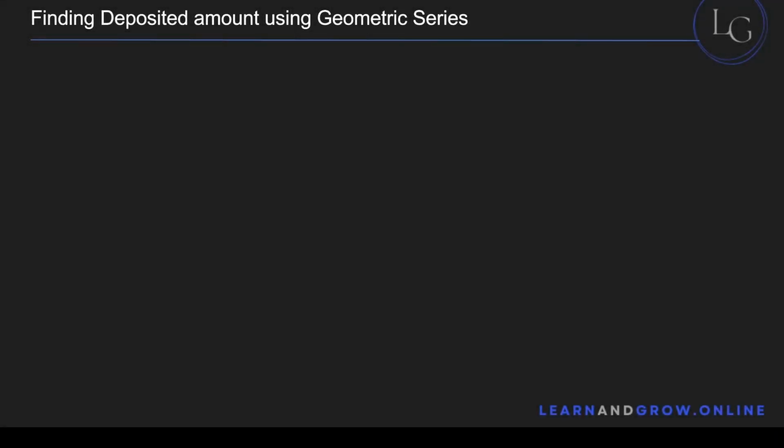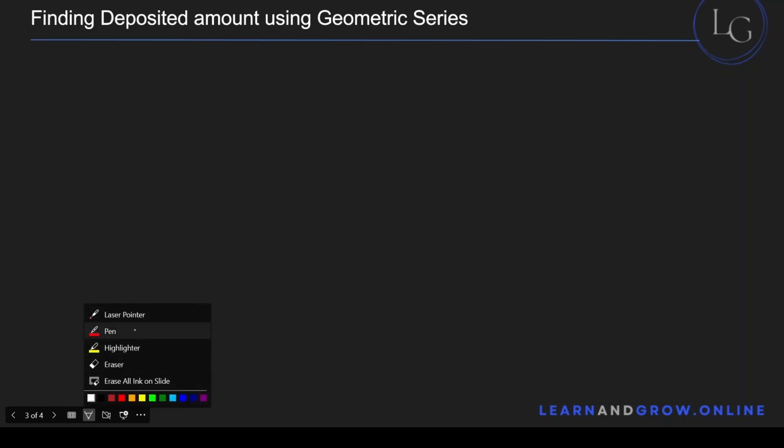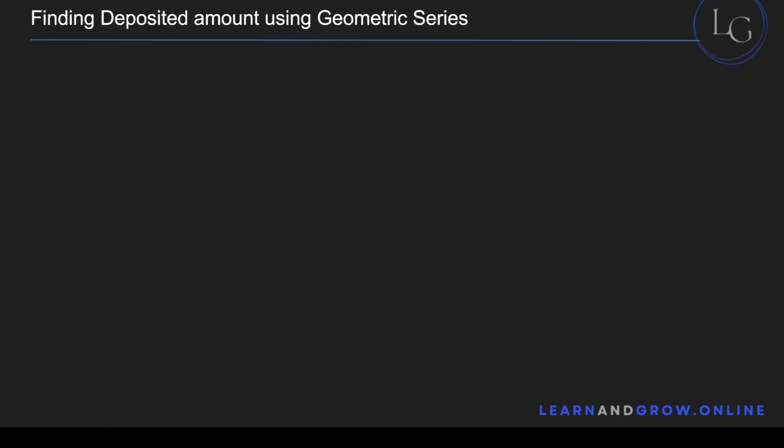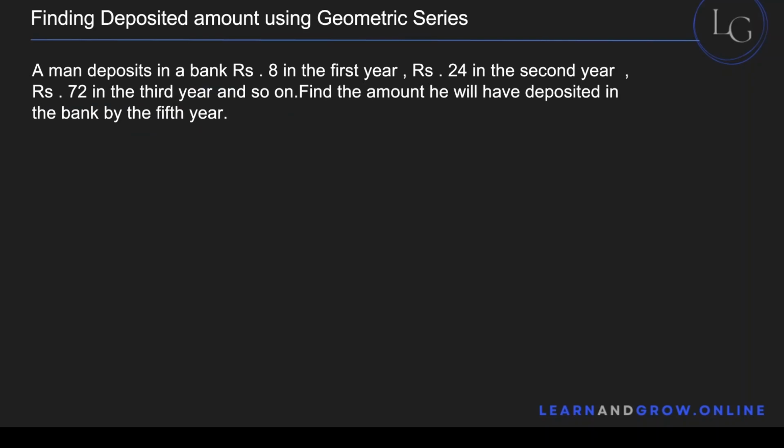So let's find the deposited amount using a geometric series. A man deposits in a bank rupees 8 in the first year, so this will be the first term of the series, and rupees 24 in the second year, and rupees 72 in the third year, and so on.